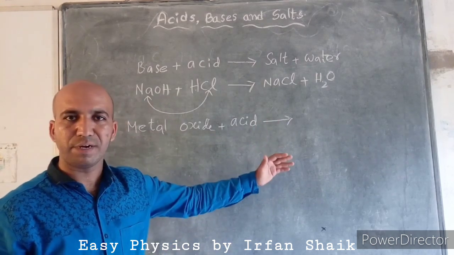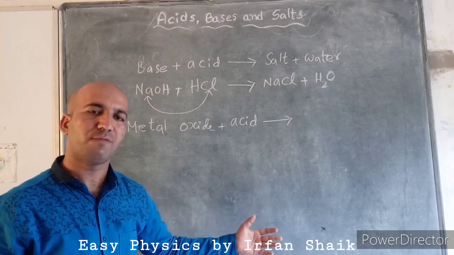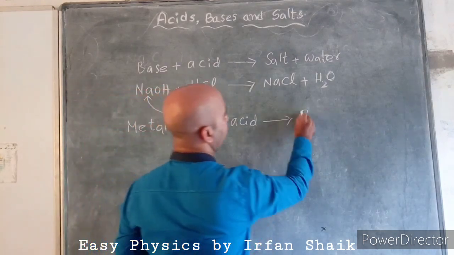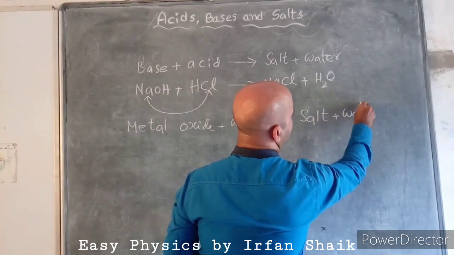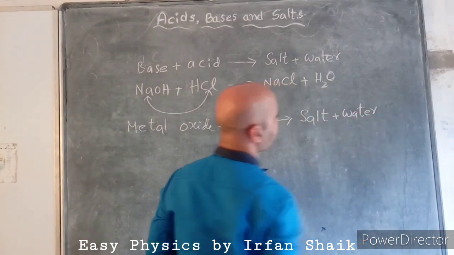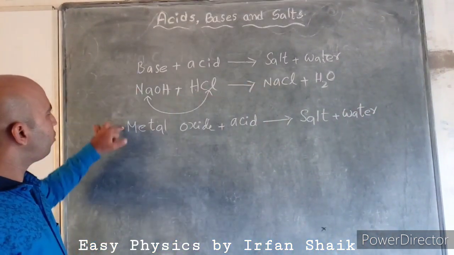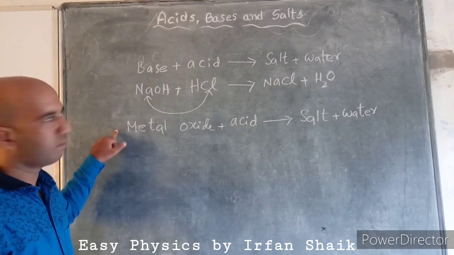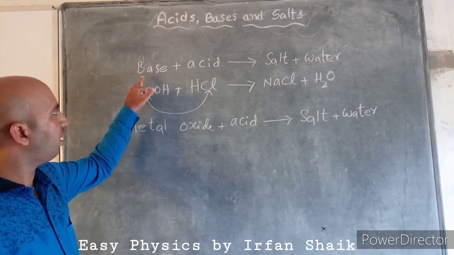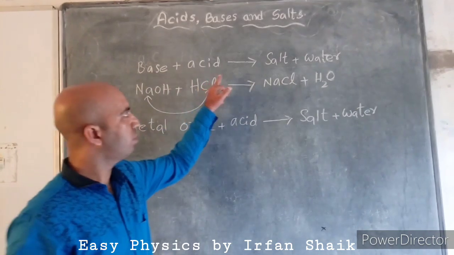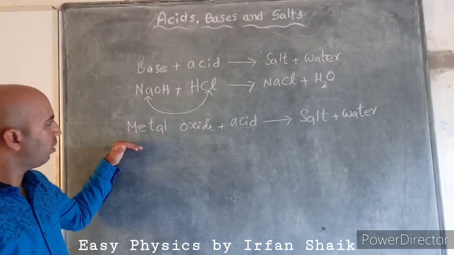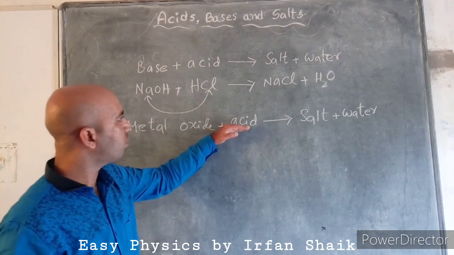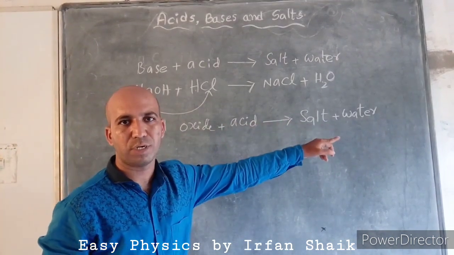In this chemical reaction also, salt and water will form. Observe these two chemical equations. In the neutralization reaction, base plus acid gives rise to salt plus water. In this reaction, metal oxide plus acid gives rise to salt plus water.